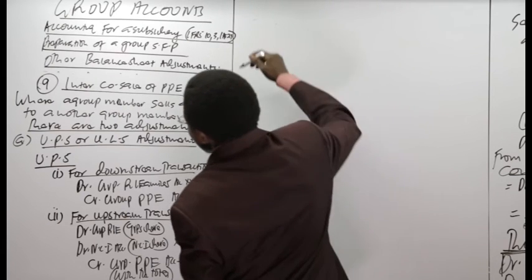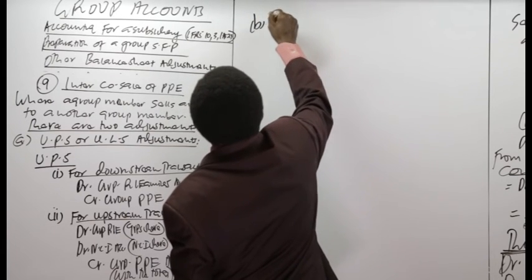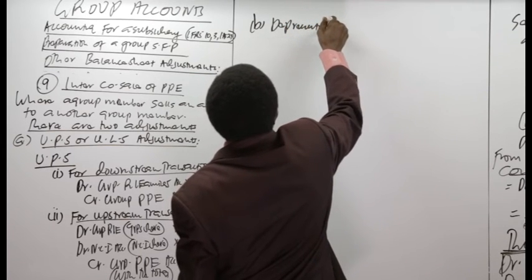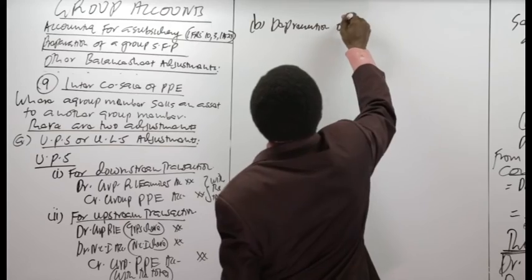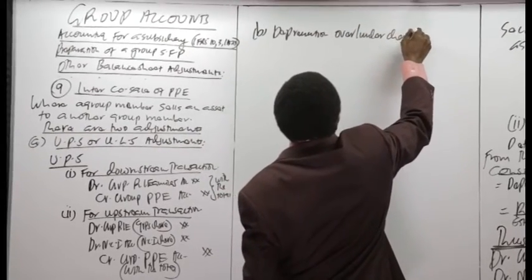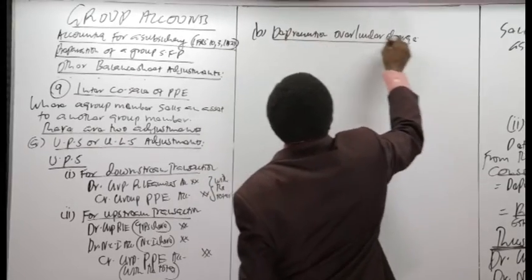So we talk about B, depreciation over or undercharge.